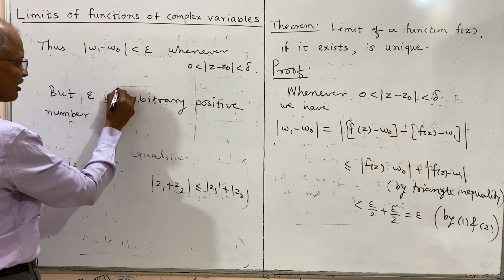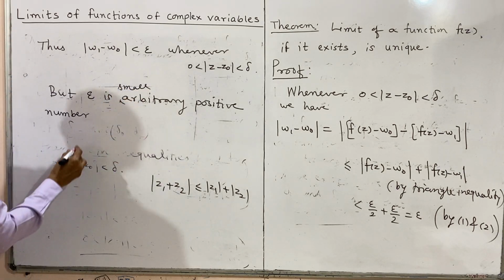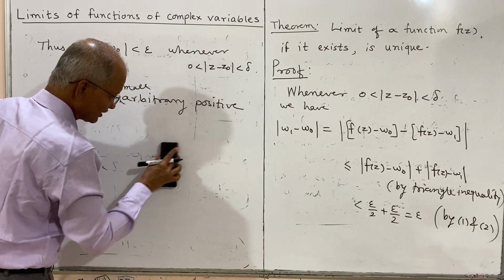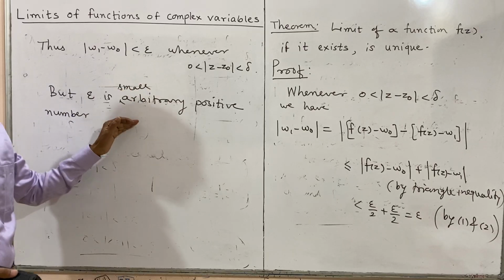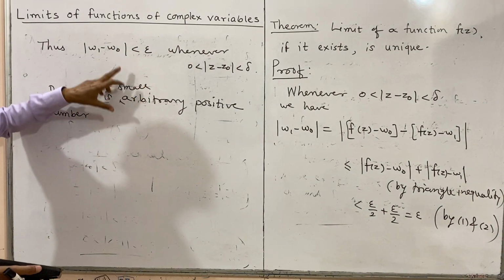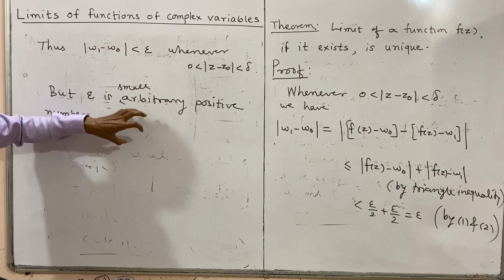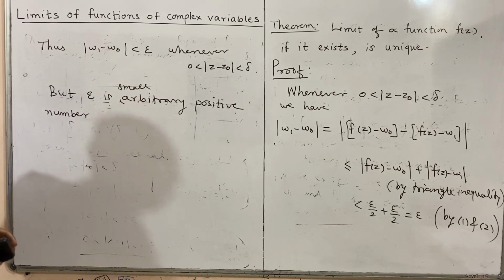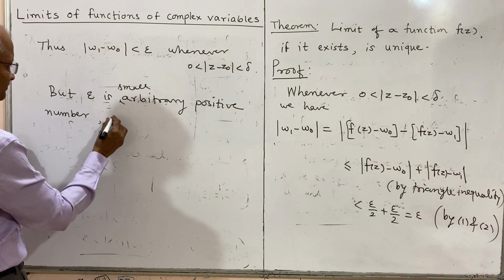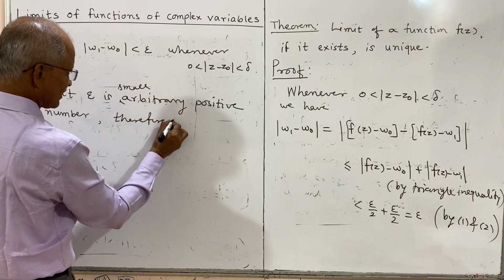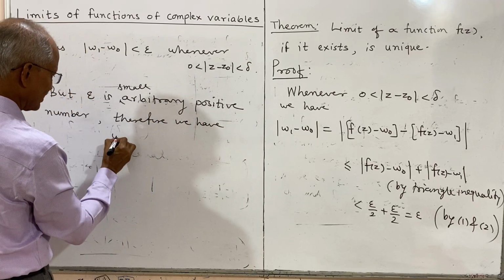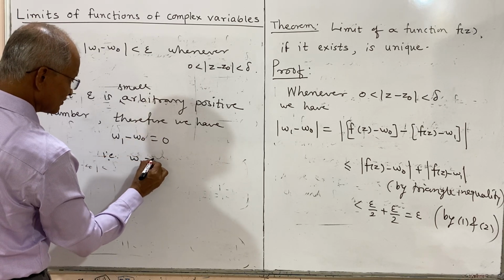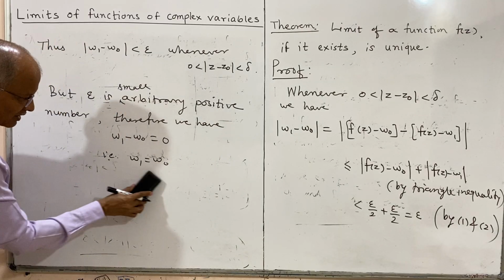It cannot be taken as 0 but greater than 0, because it is positive, and therefore it can be taken close to 0, and when it is very close to 0, then w1 is equal to w naught. Therefore we have w1 minus w naught is equal to 0, that is, w1 is equal to w naught, and thus the limit is unique.